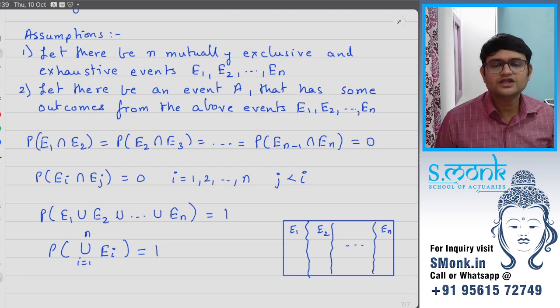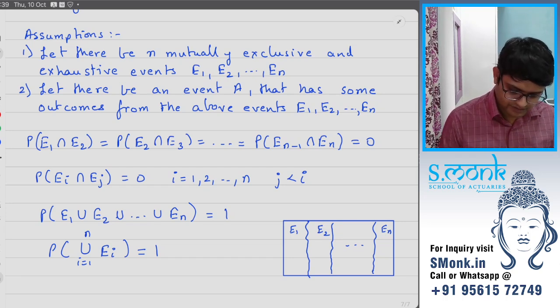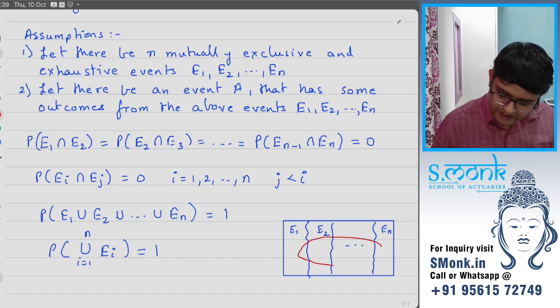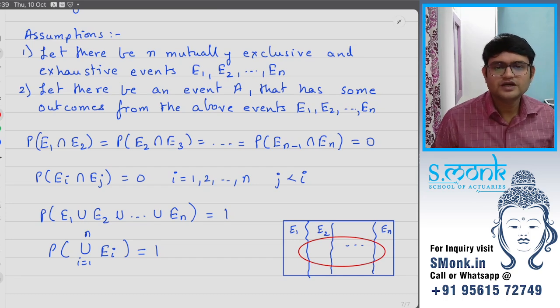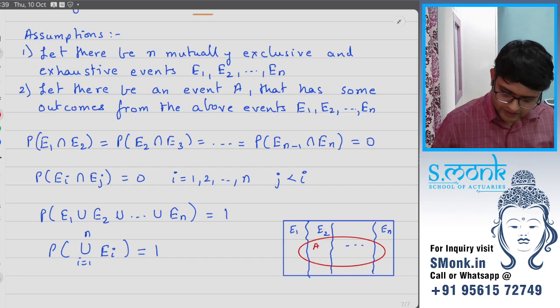I am not having anything in overlap, and they are completing the whole universal set. Then I will take an event that is A, that has some outcomes from these events. This is my event A.